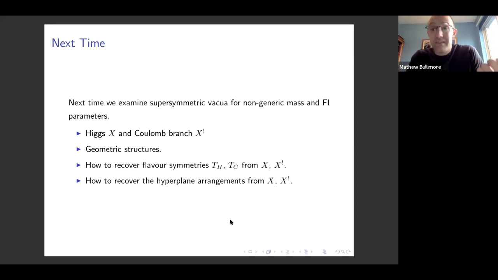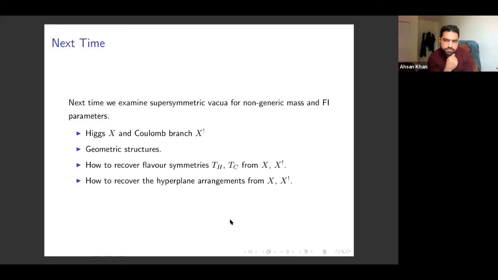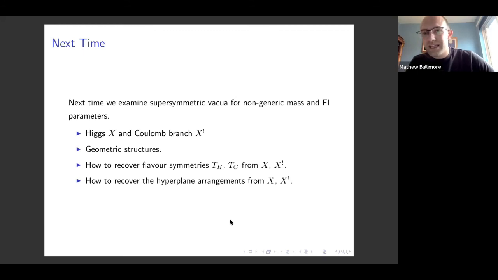In some sense, you've already done that. So say I pass to a sigma model onto the Higgs branch. Then the flavor symmetry will act by isometries on the Higgs branch, and there'll be a moment map for that action.